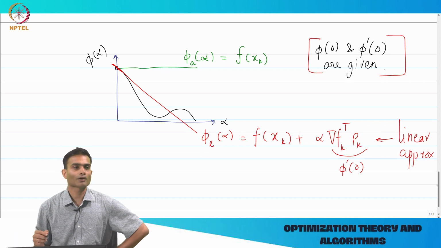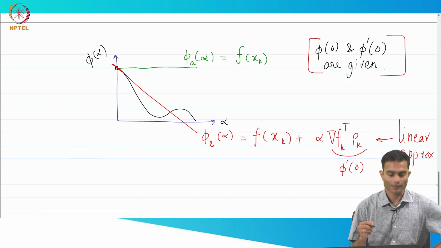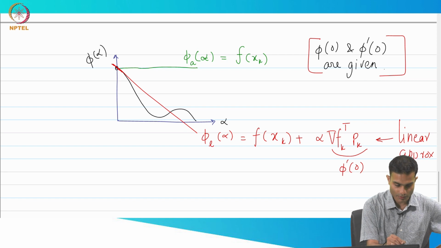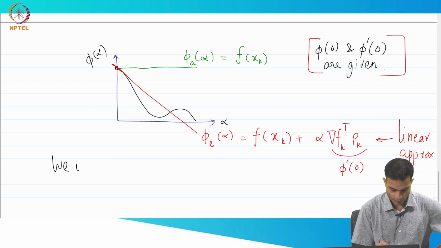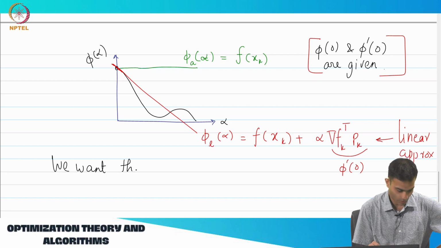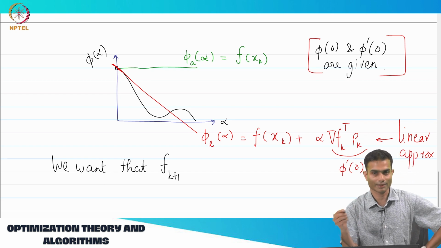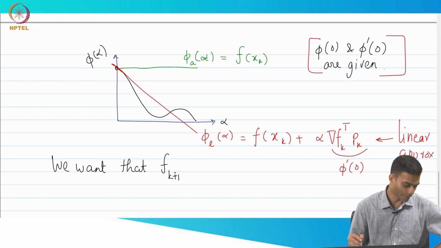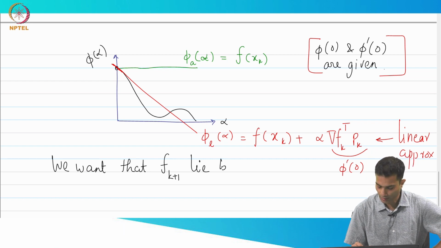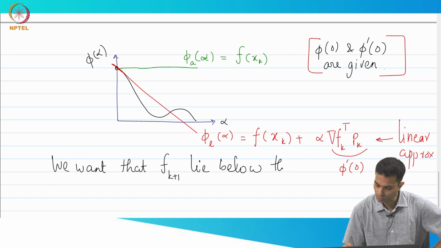So the idea of sufficient decrease is that let's write it in words over here. We want that this new point that I want to reach by xk plus 1, its function value lie below the linear approximation.